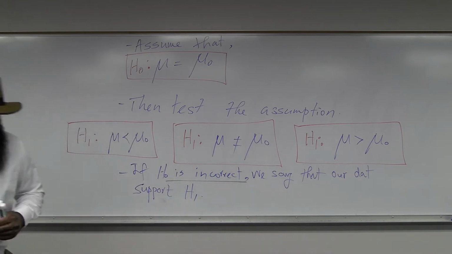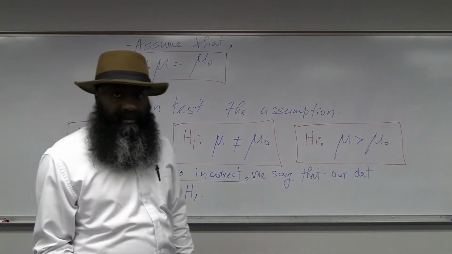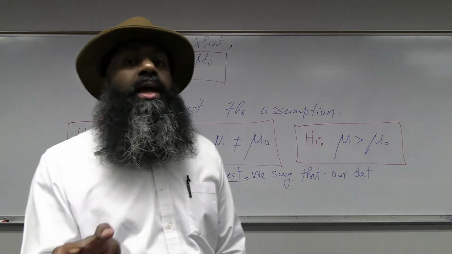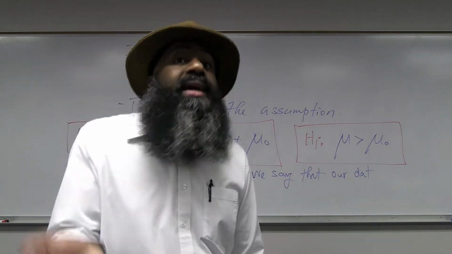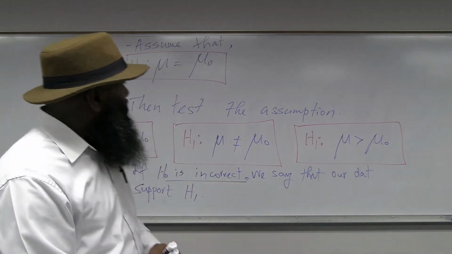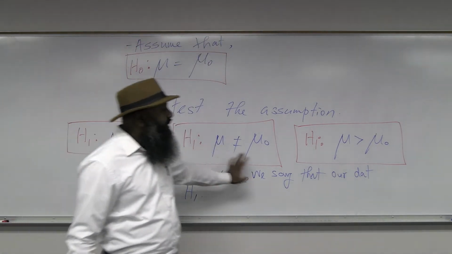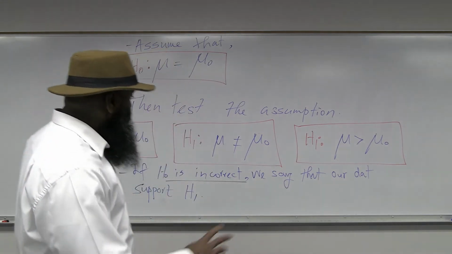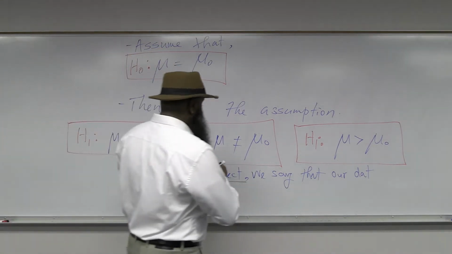That is, if your null hypothesis is incorrect. In case your null hypothesis is found to be correct, then we say our data do not support the alternative hypothesis. So I will write down that one also somewhere.